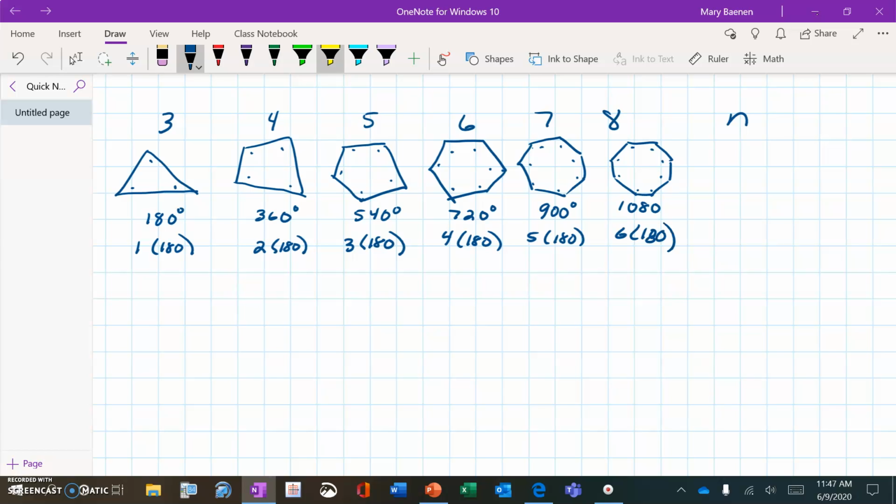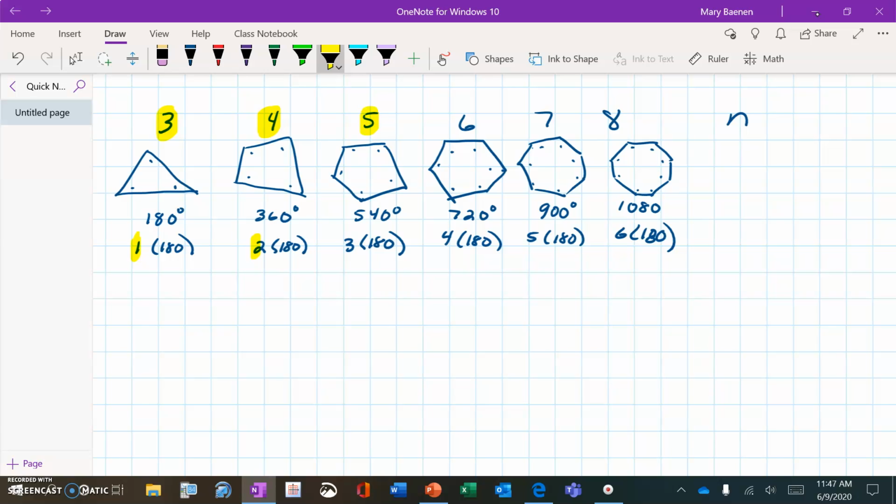Okay, now I'm going to think about this. They all have 180, but those numbers in the front change. When I have 3 sides, I use the number 1. When I have 4 sides, I use the number 2. 4 to 2, 3 to 1. 3 minus 2 is 1. 4 minus 2 is 2.